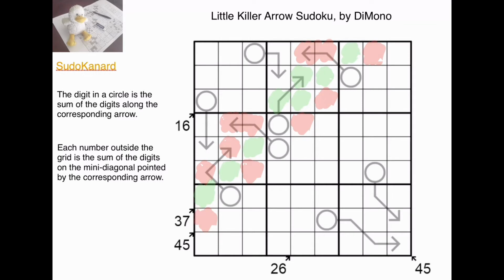And then you see that we almost get all of those two regions, except that we are missing these. And these numbers add up to those numbers. So let's just take into account this mini diagonal, which corresponds to those cells and this one.